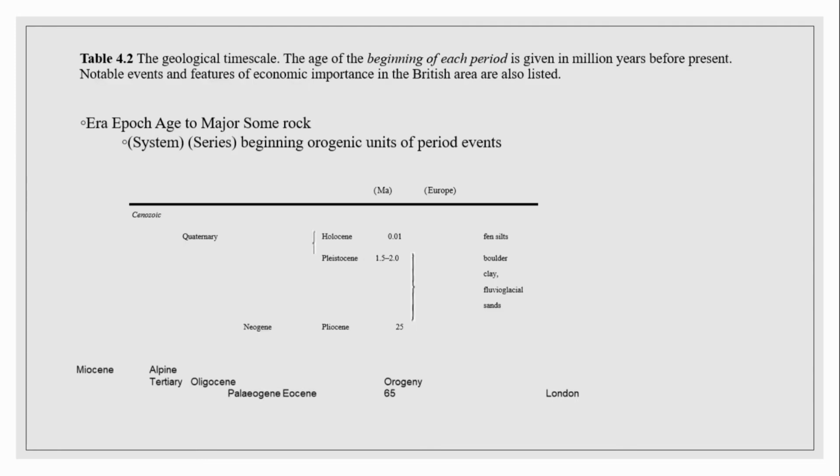Table 4.2 pictures the geological time scale. The age of the beginning of each period is given in millions of years before present. Notable events and features of economic importance in the British area are also listed.